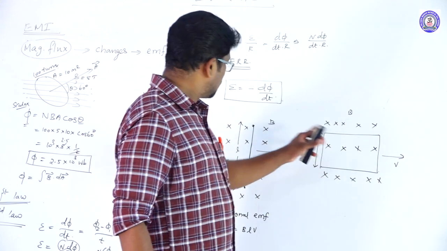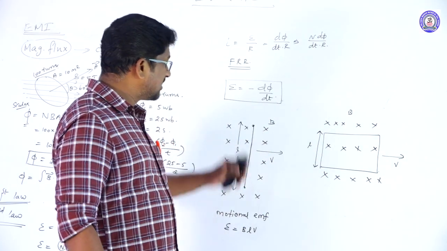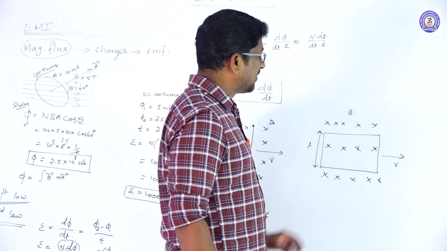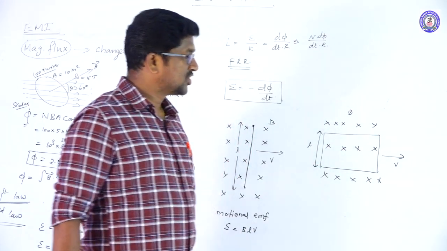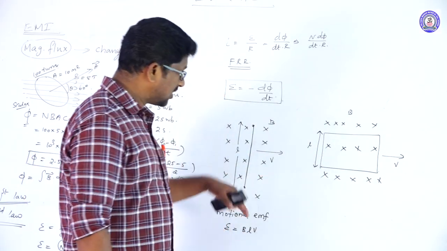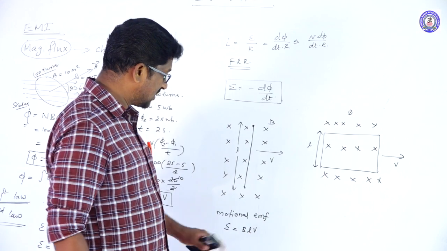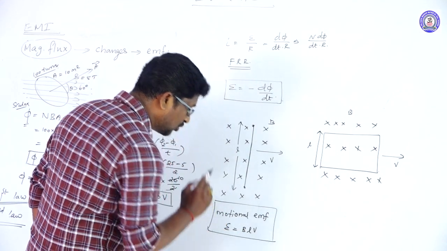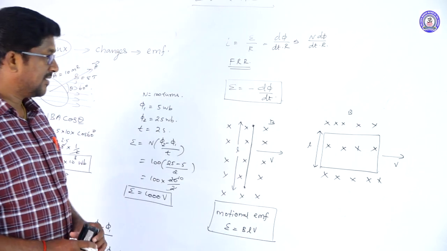Right. So whether the conductor is a straight conductor or a rectangular loop, when it moves in the uniform magnetic field, a difference of potential is created across the two ends, and that potential difference is called motional EMF. The motional EMF is generally given by E is equal to BLv.